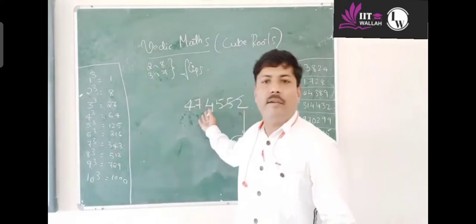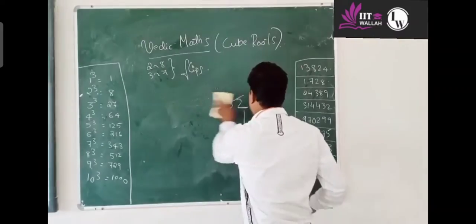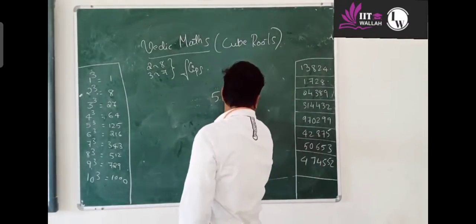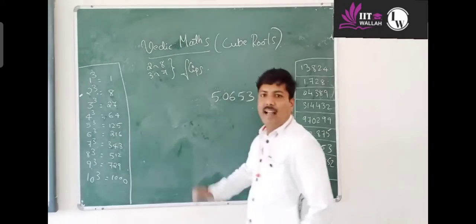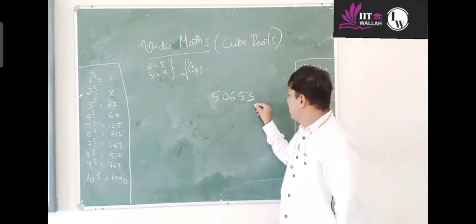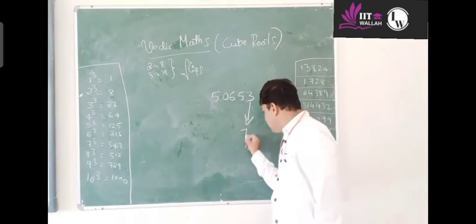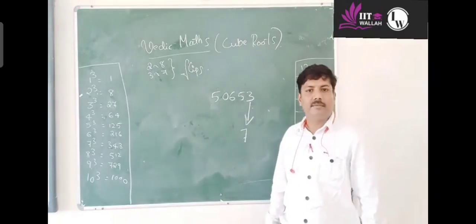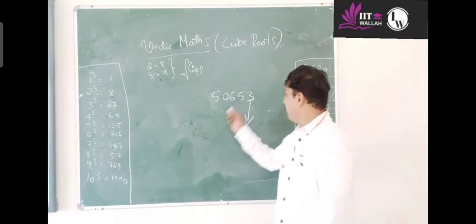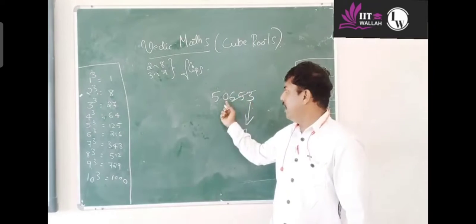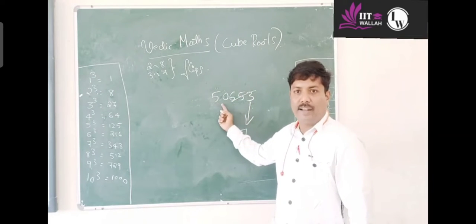So now we will check another number. For example, 50653. The last digit is 3. So the last digit of its cube root would be 7. Is it clear? Okay. Now cut the first 3 digits. The remaining is 50. 50 is not a perfect cube.